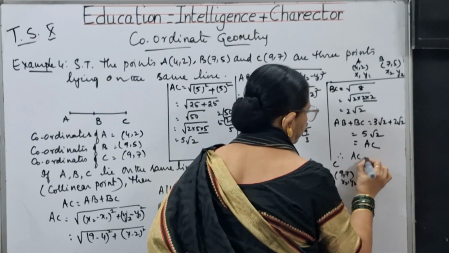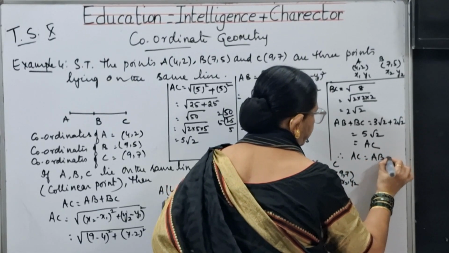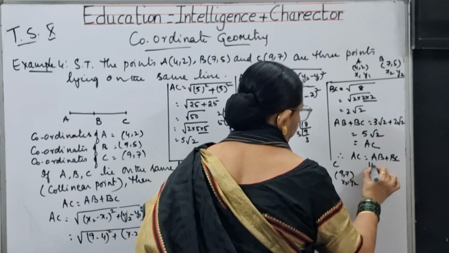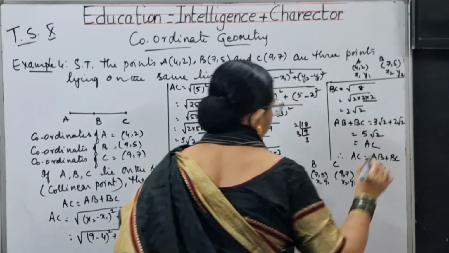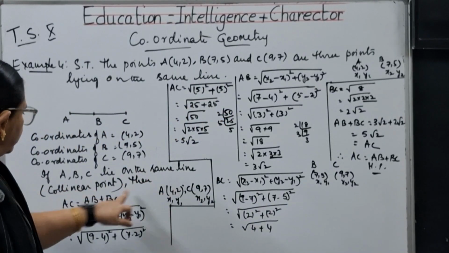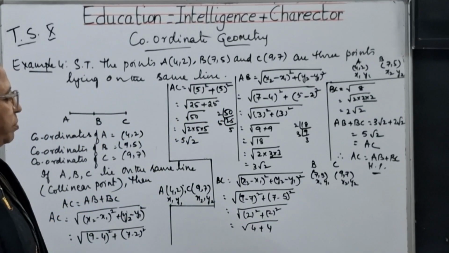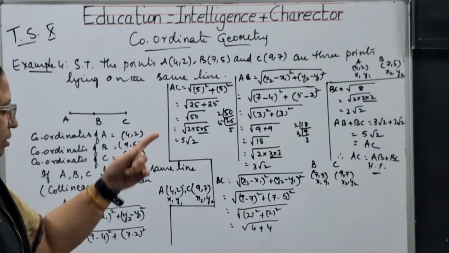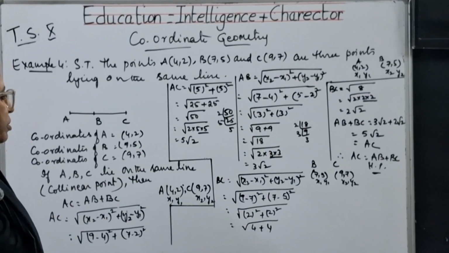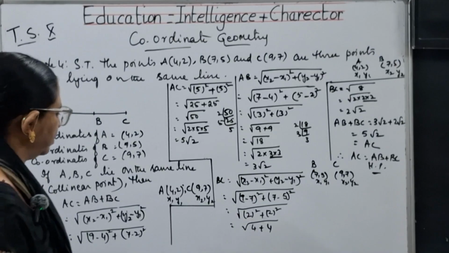Therefore, AC is equal to AB plus BC. Hence proved. We have proved it because we have written that if these are on the same line, AC should be equal to AB plus BC. We have got that AB plus BC is equal to AC. So we will be saying that the points are collinear.